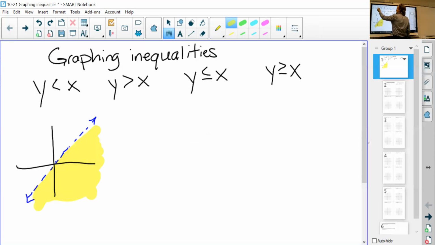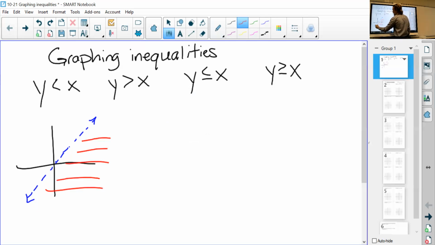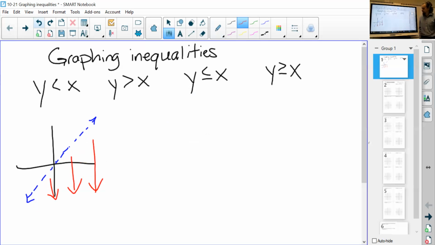If you just have a different color, I've seen people mark it off that way. Or you could, and I've been liking this idea more and more, just draw a couple arrows pointing down to show that this includes every point underneath the line.